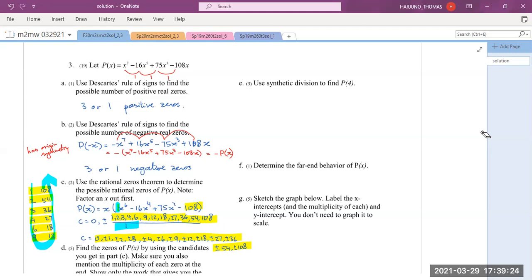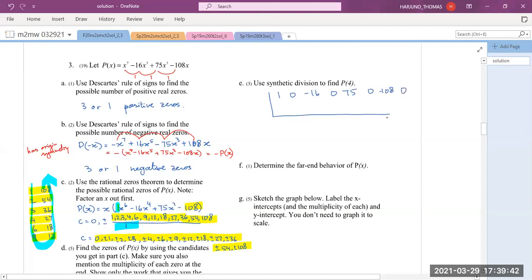Now part E, continue. I'm about to give you a break, don't worry. Use synthetic division to find P of 4. That's 1, 0, negative 16, 0, 75, 0, 1, minus 108. Don't forget, we still have 0 for the constant.